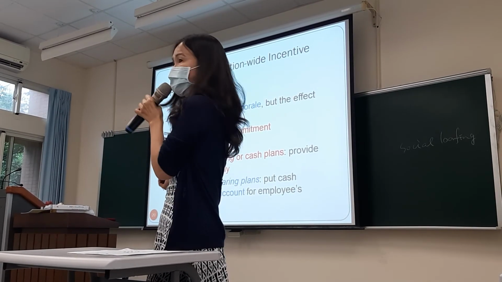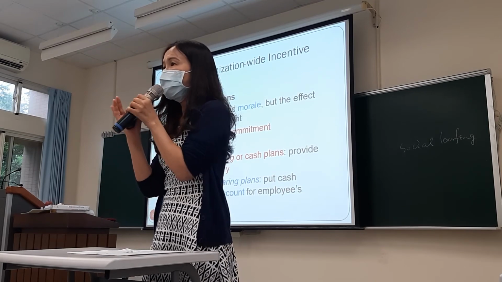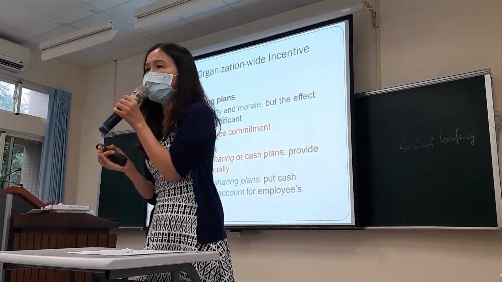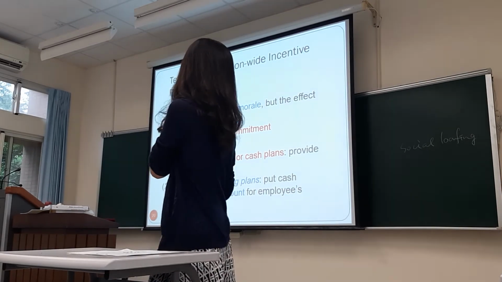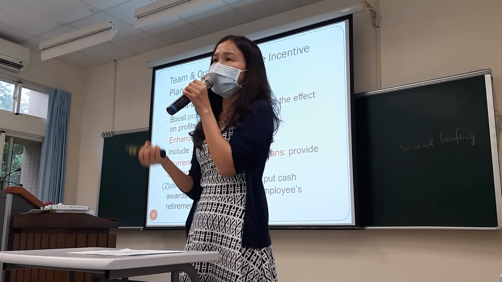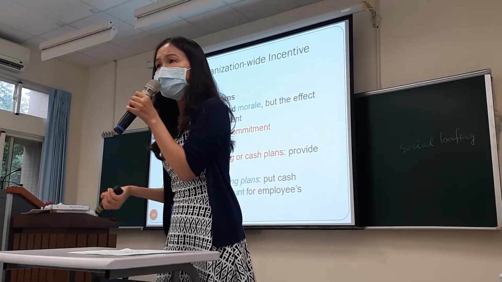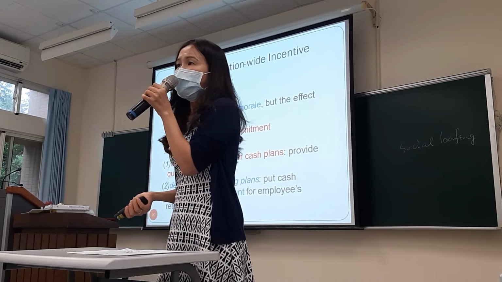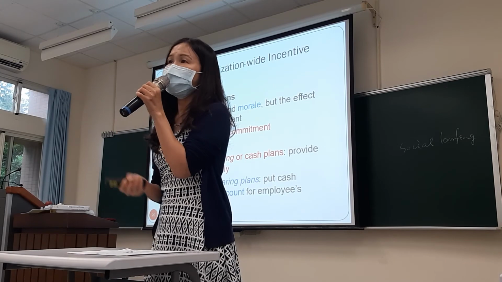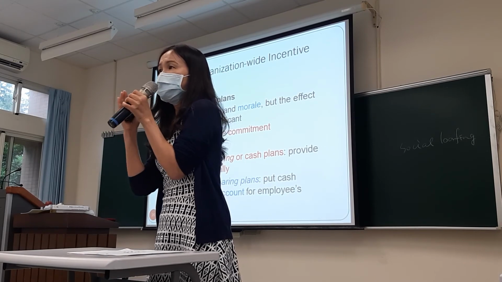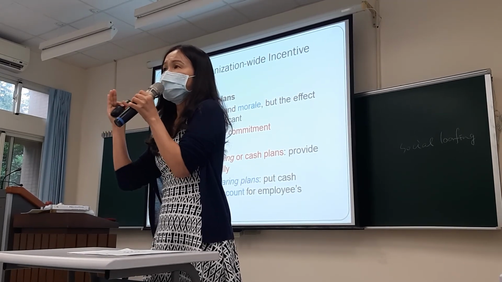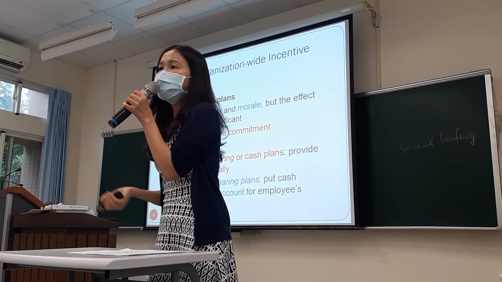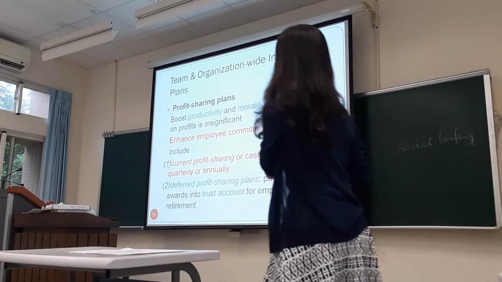I think it is also better for retaining employees, because some employees, if they get the cash, will just leave. So if the company puts the reward in a trust account, they might make some policies about how long you have to wait before you can get this money.